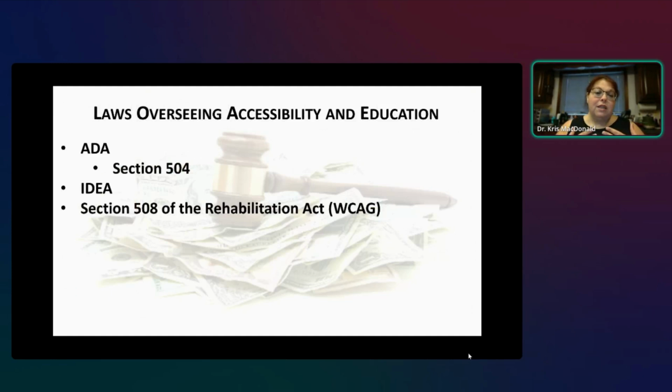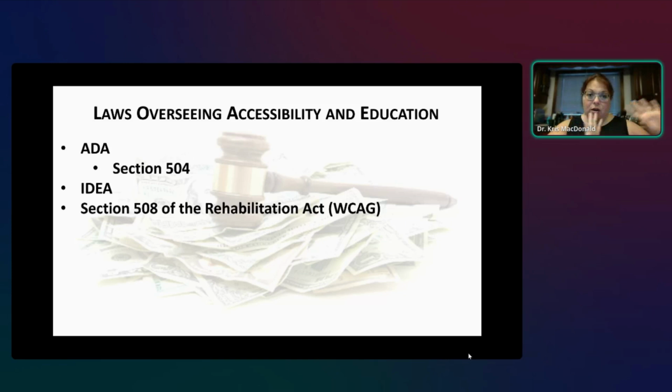So, the laws that we have in the United States that oversee accessibility and education with regard to design. Of course, there is a section of ADA that talks about buildings and accessible bathrooms and all of those kinds of things.